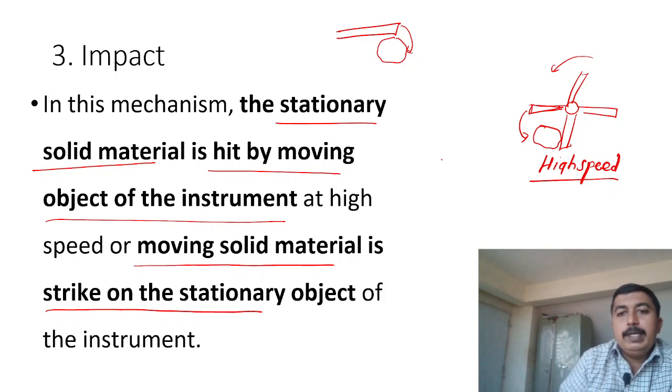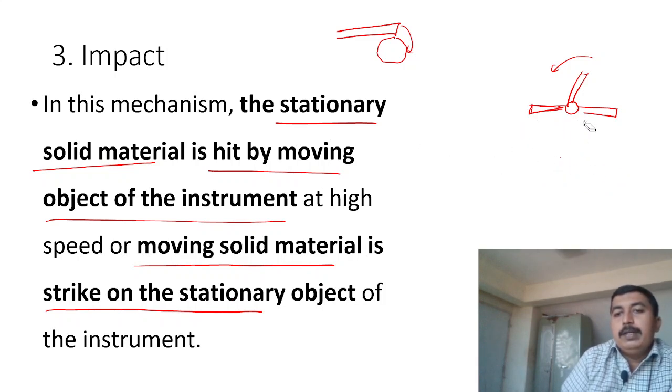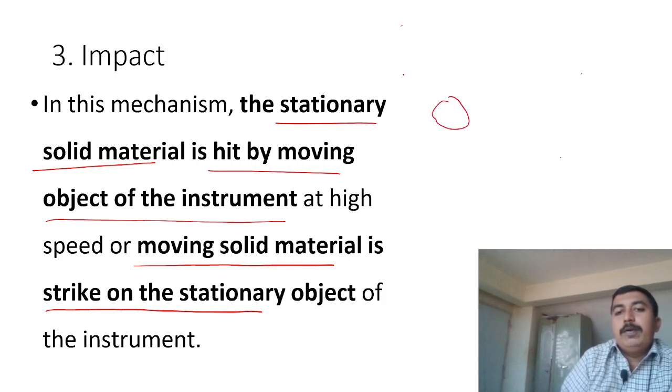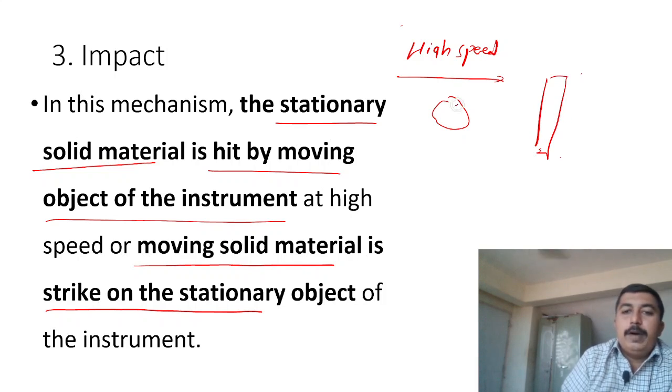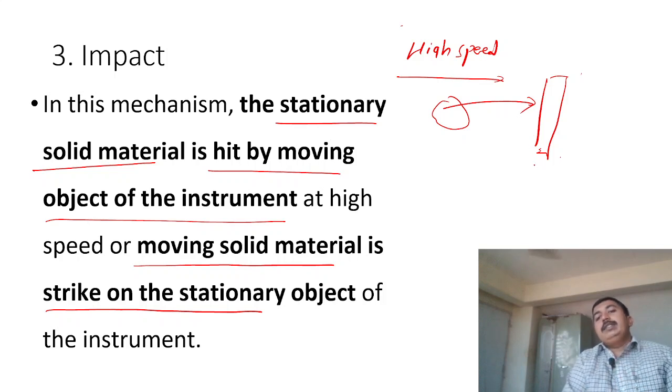This is especially in the case of the fluid energy mill, where the powder particle moves at high velocity. This is the powder particle, moving at high velocity, high speed, and in between we have a stationary object of the equipment. So this high velocity powder particle strikes the stationary object. This object is stationary, not moving; the particle is the moving particle.